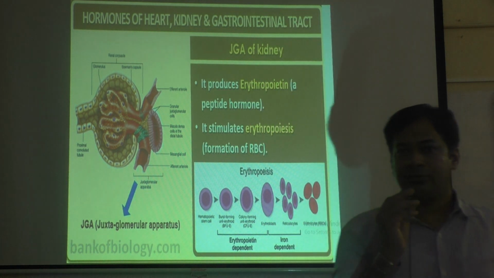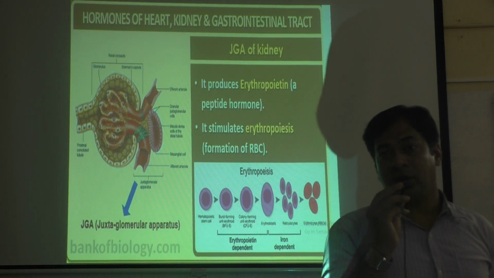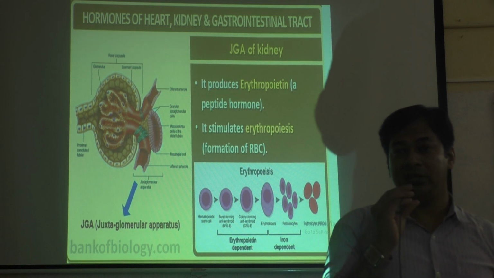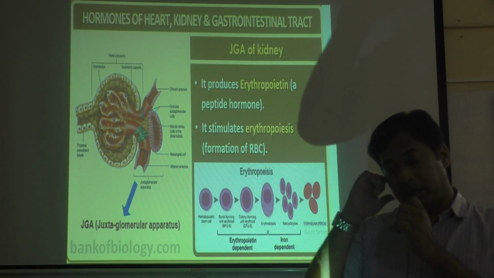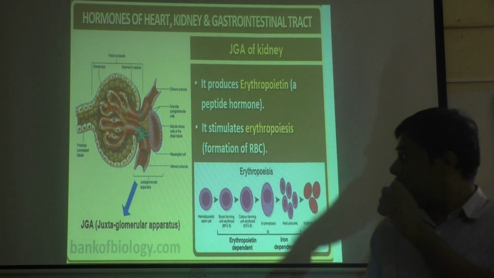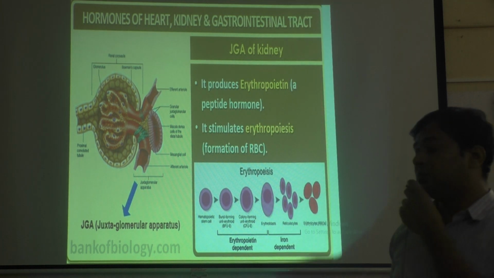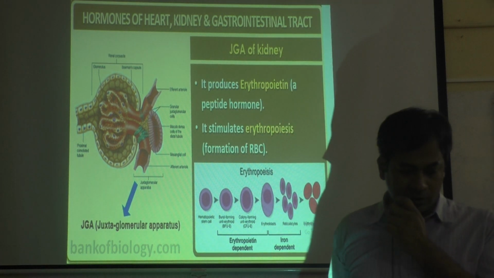Production or formation of red blood corpuscles in our body is called erythropoiesis. Erythrocyte means red blood cells. Erythropoiesis means formation of red blood cells. For that also this erythropoietin is required, which is produced by JGA cells of kidney. They also produce hormone.